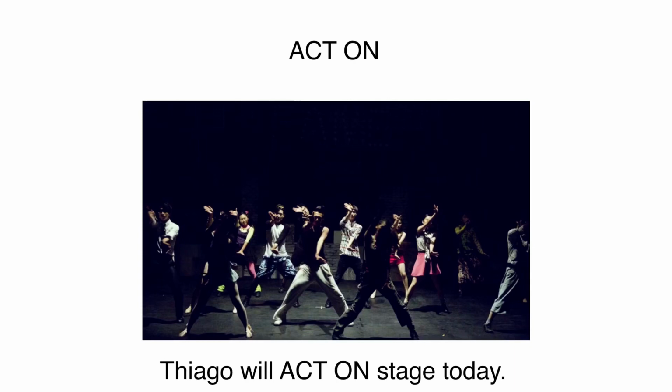Agora vamos falar sobre uma exceção. We're going to talk about an exception. Act on pode significar o que as palavras individuais significam. So, act on can be what the individual words mean. Por exemplo, act on: act significa atuar, on significa no. Então, vamos ver a frase em inglês.